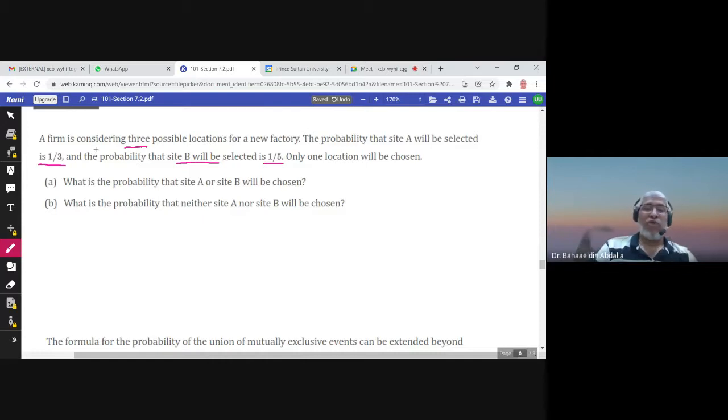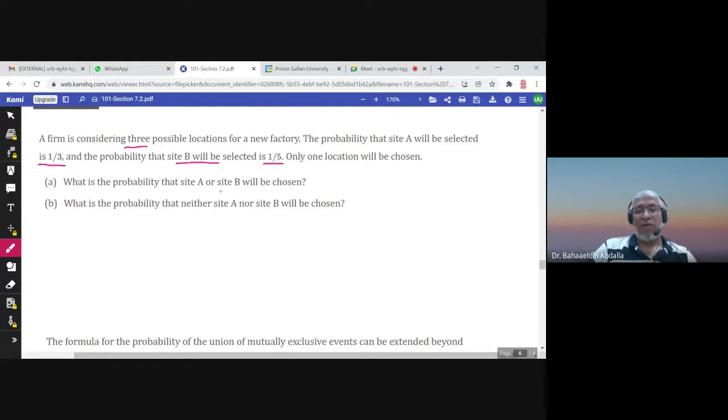Well, we need to choose a location for the firm, and it is one of these 3 positions or locations. Can we choose A and B together? No, either A or B, but not both. So these 2 are mutually exclusive.